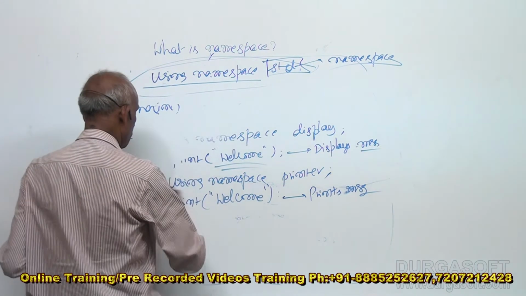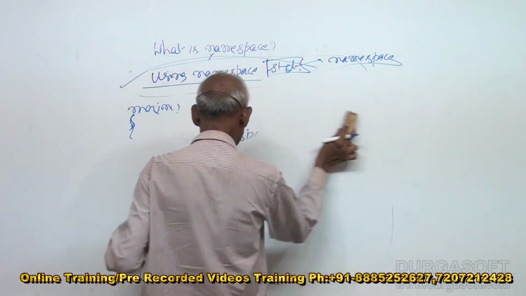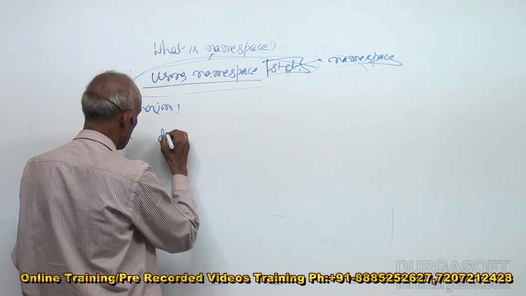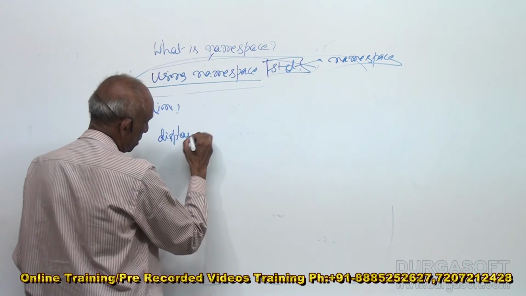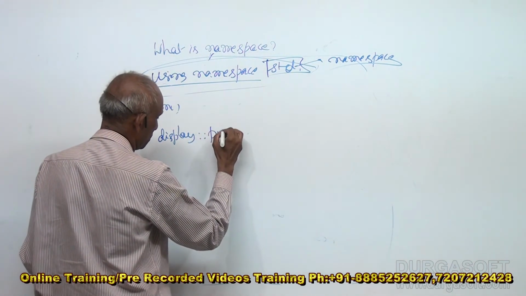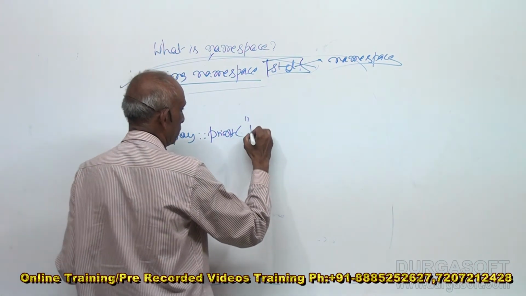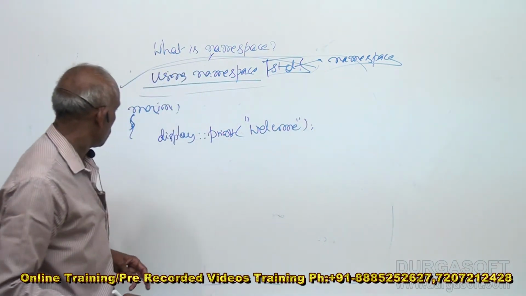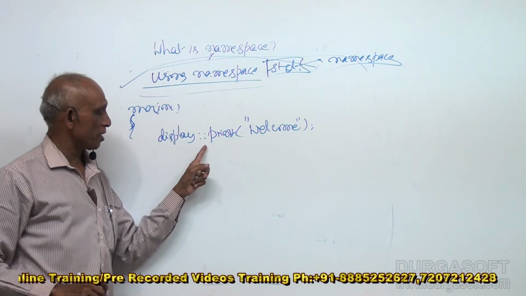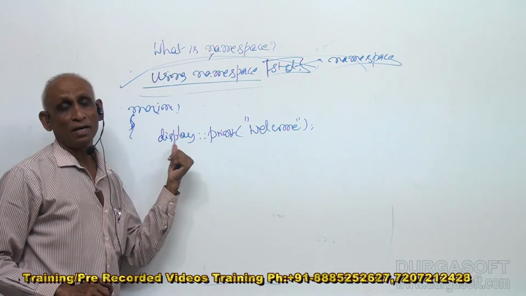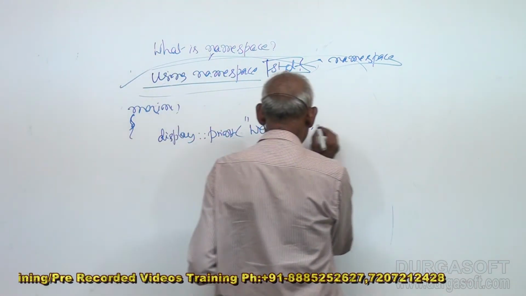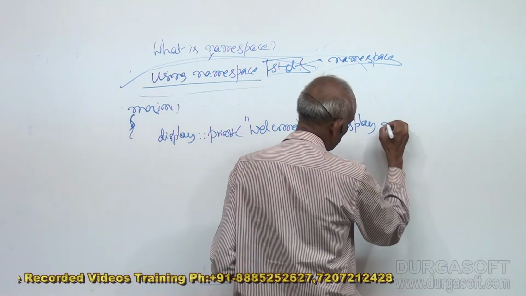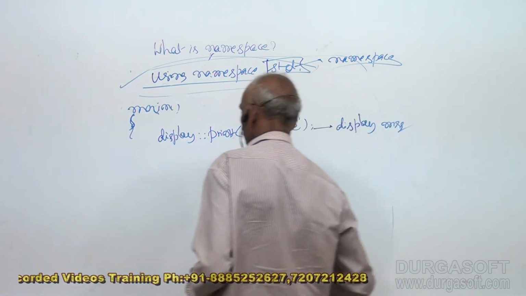Now suppose I am not using the using statement, I can directly say display scope resolution print welcome. So I am directly specifying display scope resolution print, which means I am using namespace display, so this function will display the message on console.